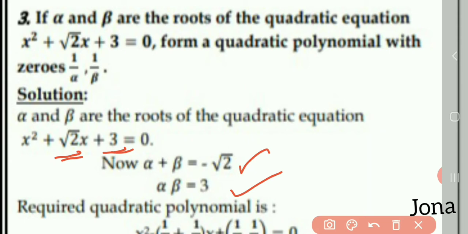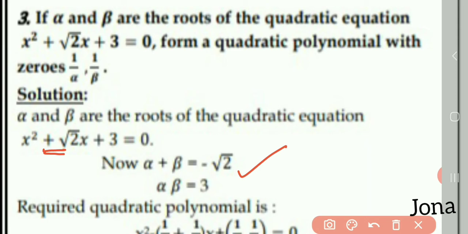So the sum is nothing but alpha plus beta and the product is nothing but alpha beta. Okay, so I got now alpha plus beta equal to minus root 2.